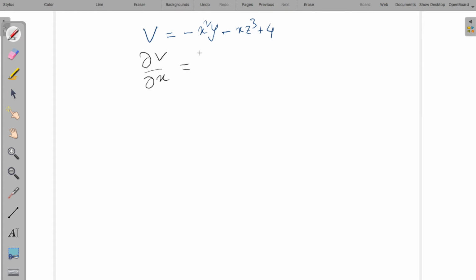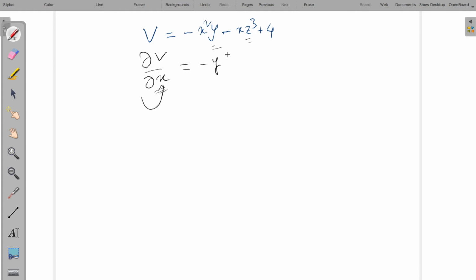Here the other two variables y and z will remain constant because we are taking the partial differentiation. In partial differentiation, if we differentiate with respect to a particular variable, the other variables remain constant, right?